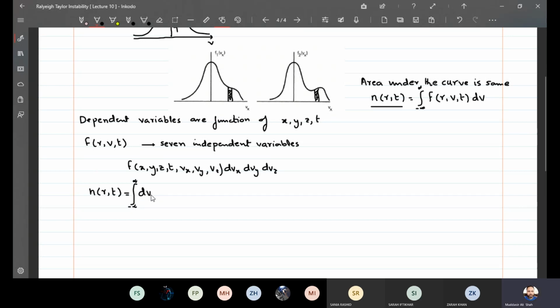So we can write it in this form, dVz, F of R, V, and T. So there are different ways in which you can write this quantity, which is basically giving you the total number of particles or the number density.